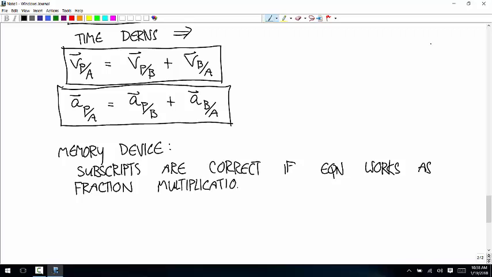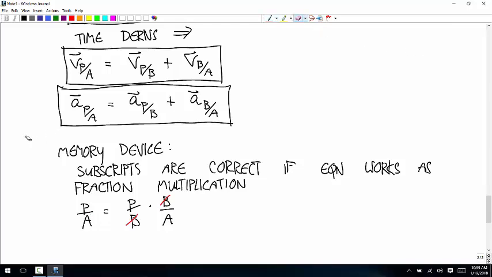So in all of these, if you just think of the subscripts, P over A is equal to P over B times B over A, because these cancel. And if these are your subscripts for the relative motion equation, then you have it right.